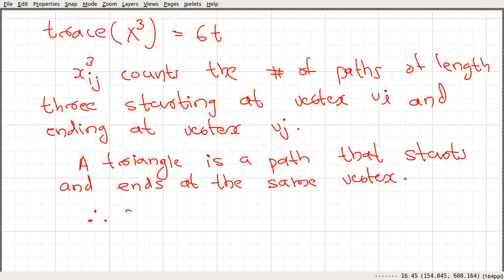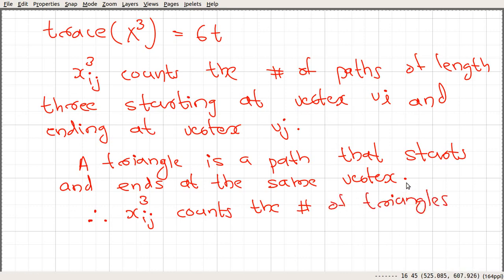Therefore, this quantity xii cubed counts the number of triangles that contain vi as one of the vertices.